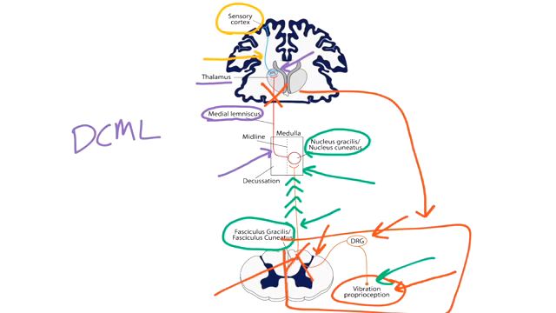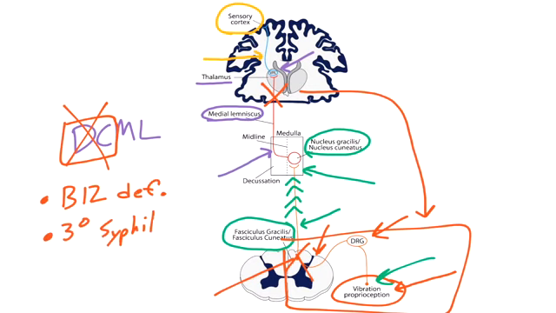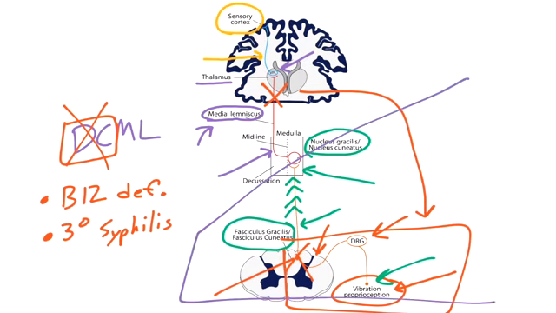Some pearls to keep in the back of your mind: two major causes of dorsal column damage, the DC part of the DCML, are B12 deficiency and tertiary syphilis. Dorsal column damage is anything prior to the decussation before the medial lemniscus pathway, so anything on this side. This would be considered the dorsal column aspect, so you would get ipsilateral signs with damage to the dorsal column.